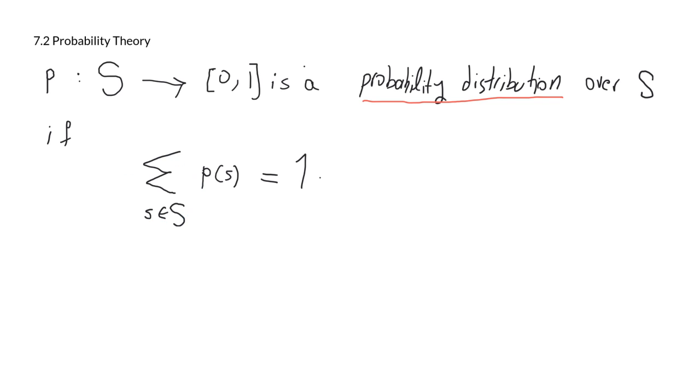So this sigma is only defined when you have only a finite number of non-zero elements. Otherwise, the summation is not uniquely defined. So you should remember this. And so S is either finite, as we have seen up to now and which is most often the case, or if it's infinite, those outcomes which have non-zero probability are finite.